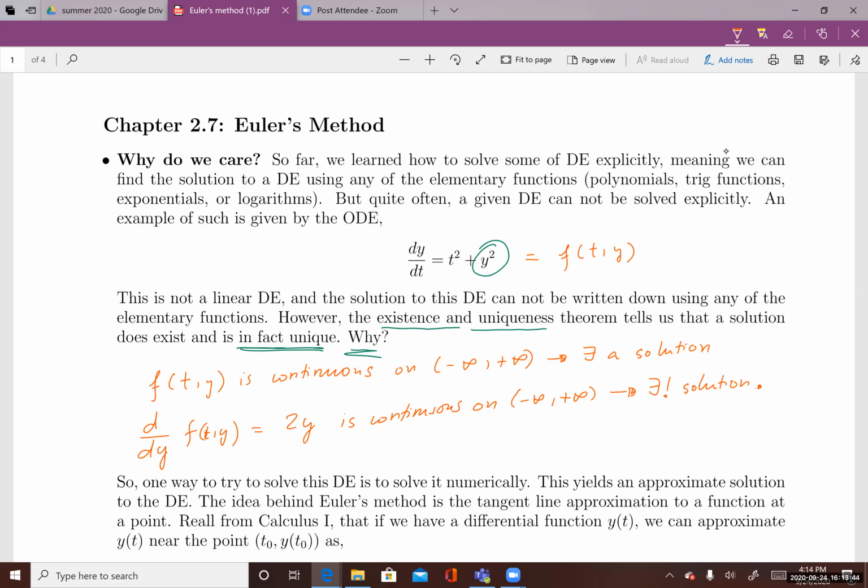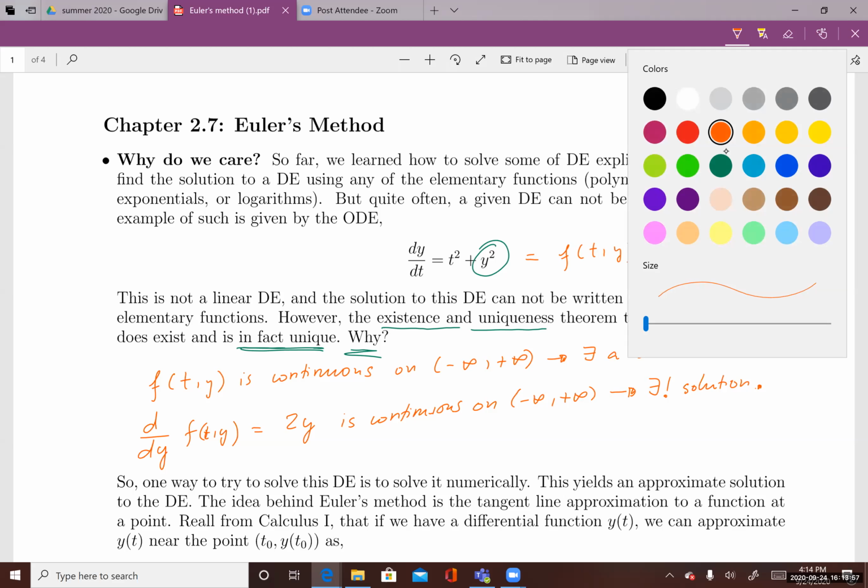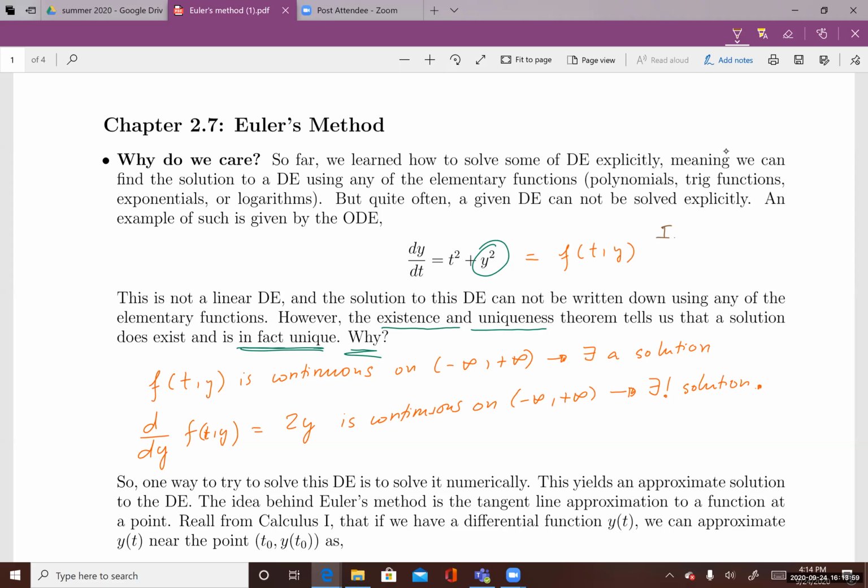That means if you give any initial value to this differential equation, you are guaranteed to find a unique solution to that IVP. If you have an initial value, let's say f of t0 equals y0, then you have an IVP, and you are guaranteed to have a unique solution.